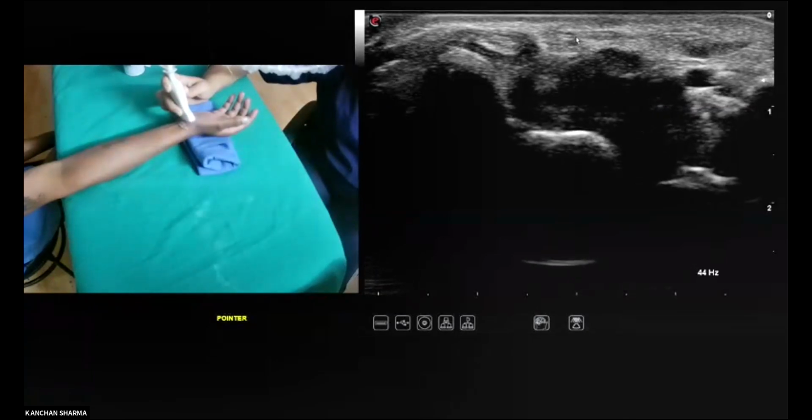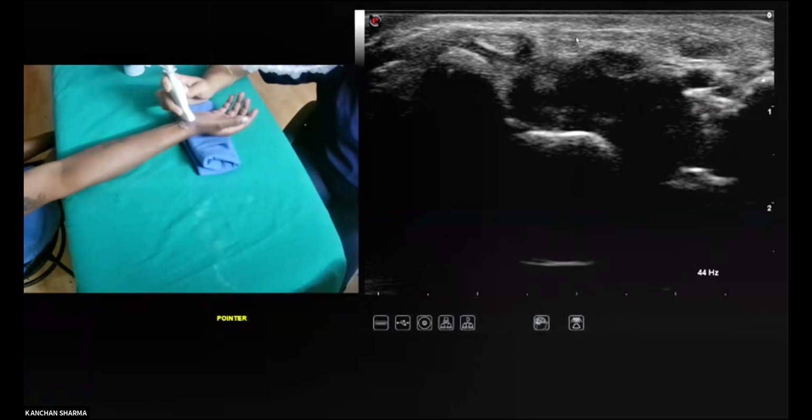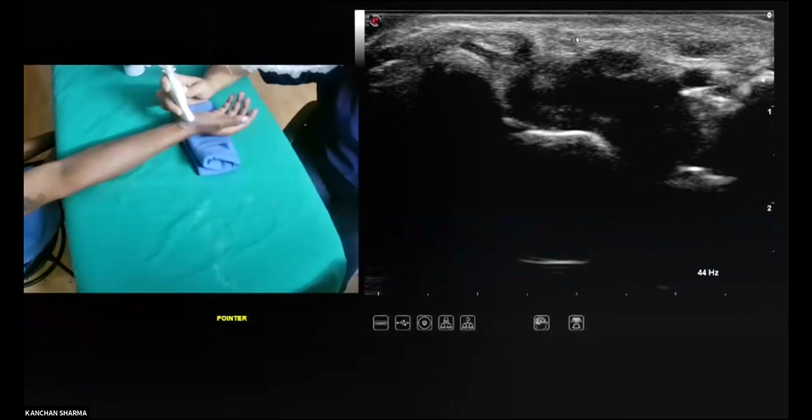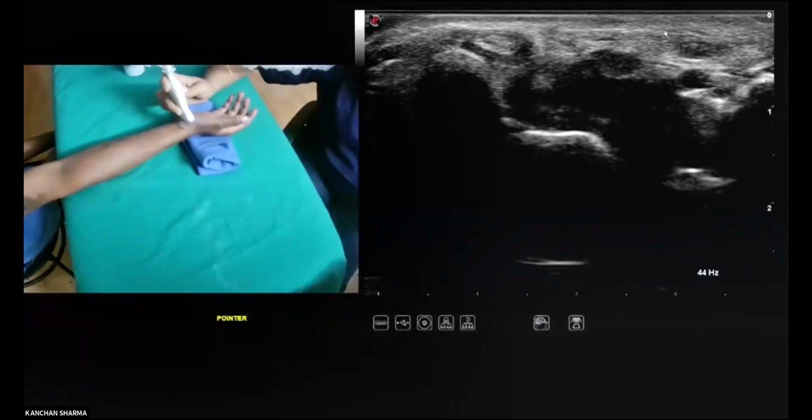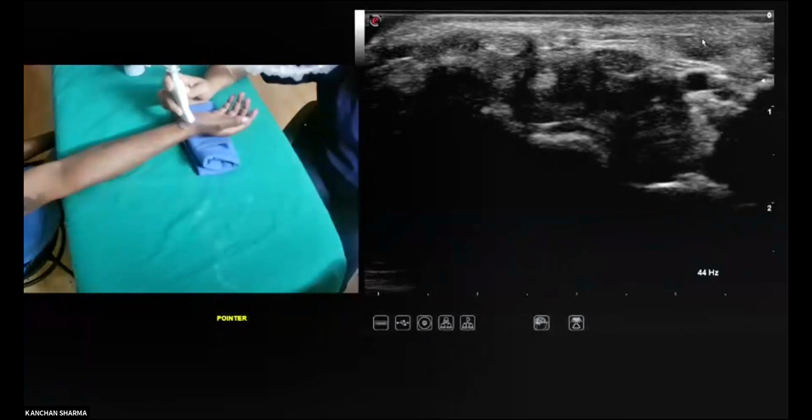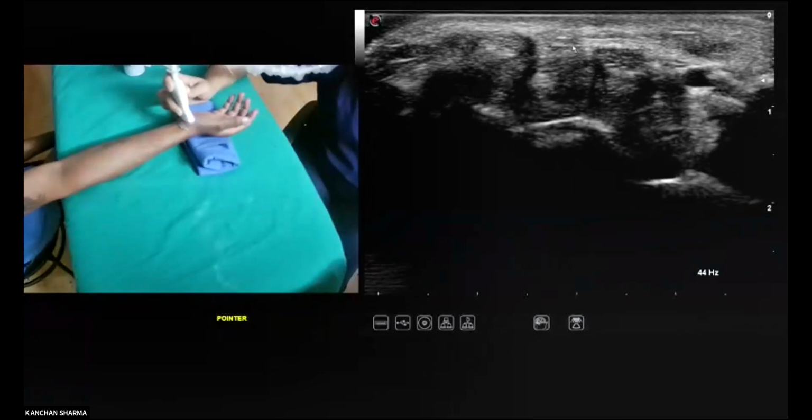Even after you do an intervention, the patient will say, doctor, you told me that my pain will go off, but now I'm not able to feel any sensation over my thenar aspect. So you would have damaged this palmar cutaneous branch. So it's always safe to come from the ulnar side rather than from the radial side.